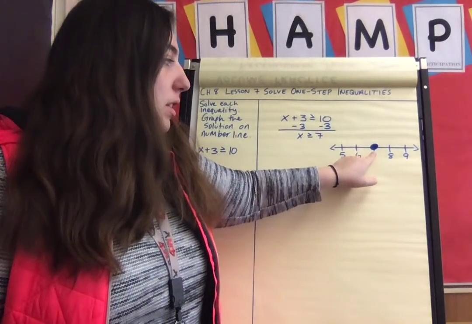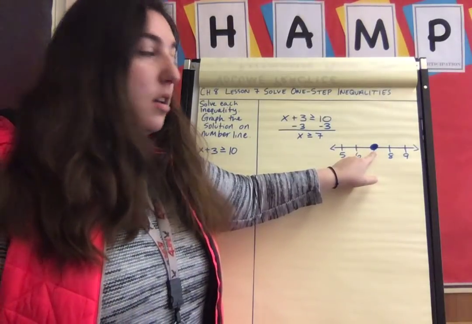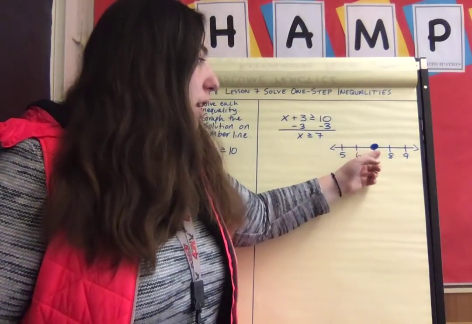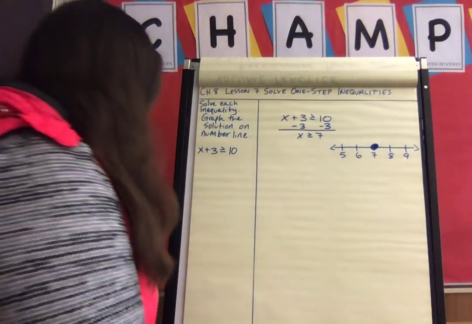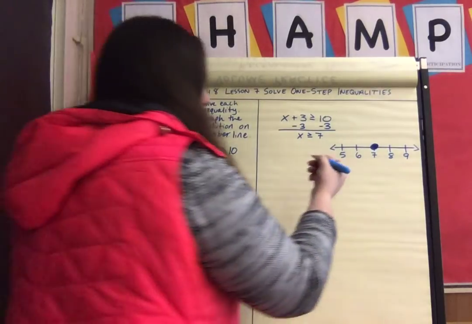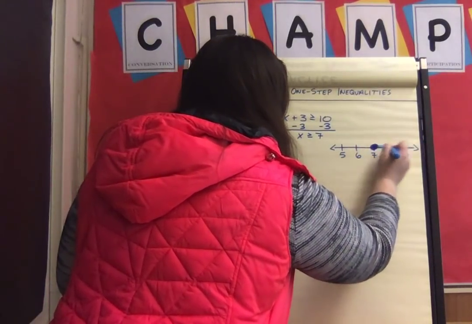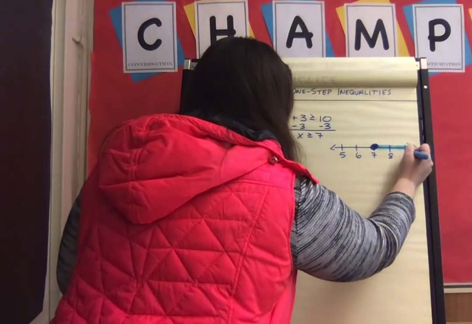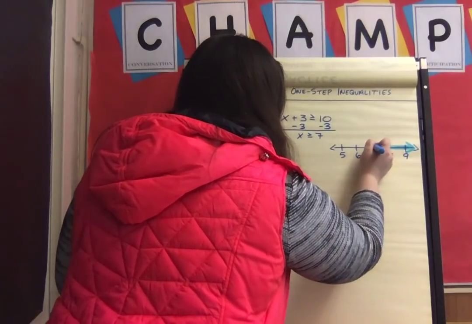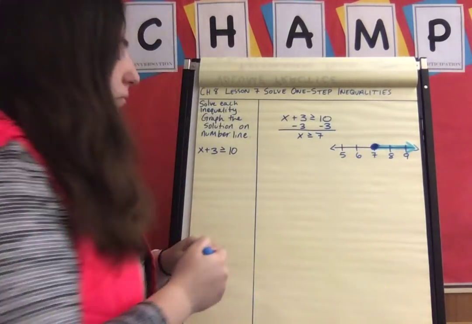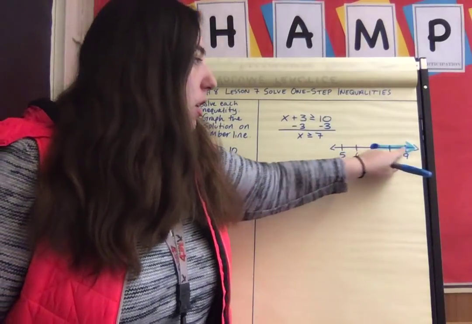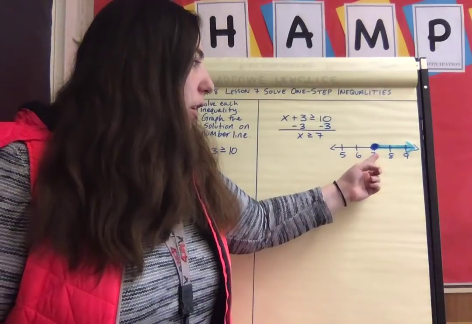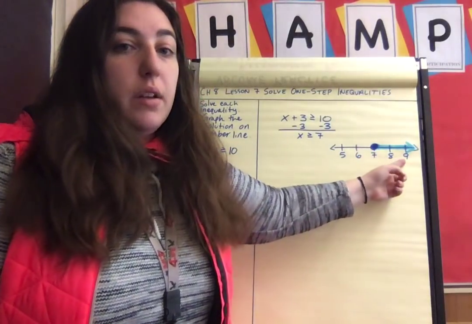So I know that it's equal to 7, which is why I have a closed dot, but I also know that it's greater than 7. So I'm going to shade in all of the answers that are greater than 7. Okay, so I just draw a bold shaded in arrow that's pointing that way, saying all the answers are going to be either 7 or greater than 7.